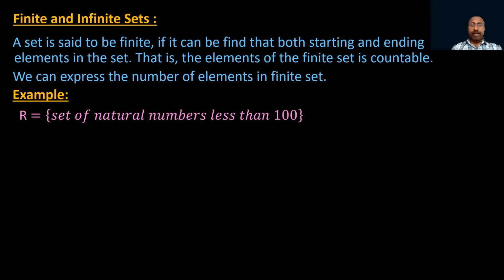R is equal to the set of natural numbers less than 100, and in this set we have the natural numbers from 1 to 99, because we know that natural numbers start from 1, and here we have numbers less than 100, so the last number is 99, and we can say that there are 99 elements in the set R. So the given set is a finite set, because we can find both the first element and the last element.